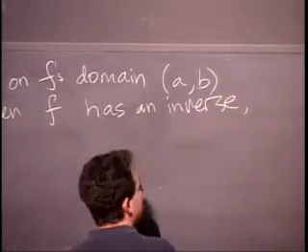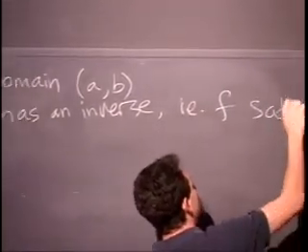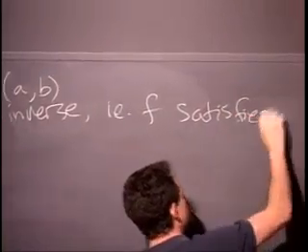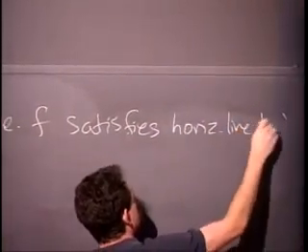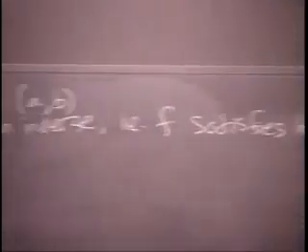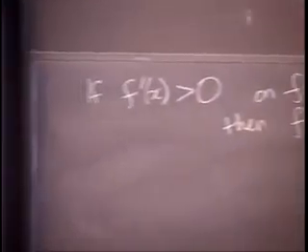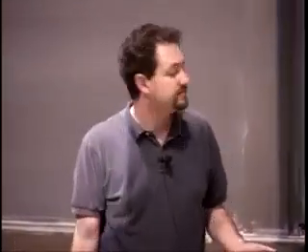Another way of thinking of this is, i.e., f satisfies the horizontal line test. I said this last time, but now I would like to use Rolle's theorem to justify this.